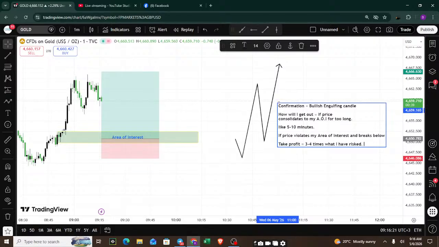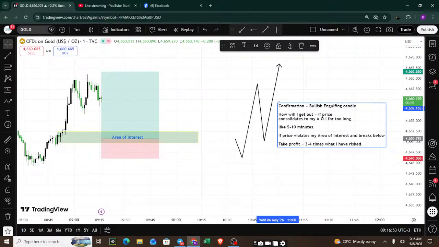This system works in the 1 minute time frame, and not only have I backtested and seen that it appears more than half of the days of the month, but with enough risk management, that is controlling your greed and not risking more than you should at all times, this system will be giving you at least 3, 4, 5 times what you have risked.